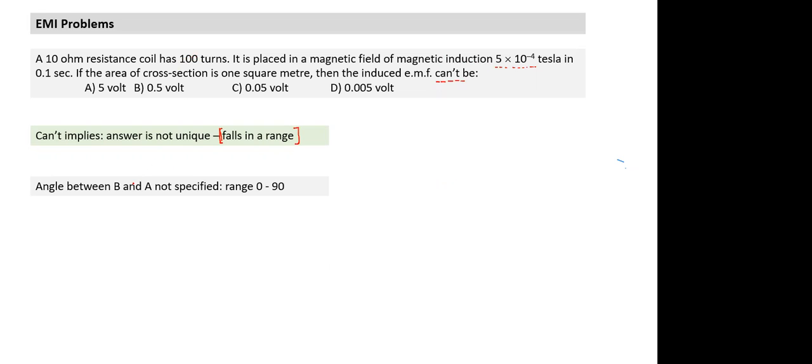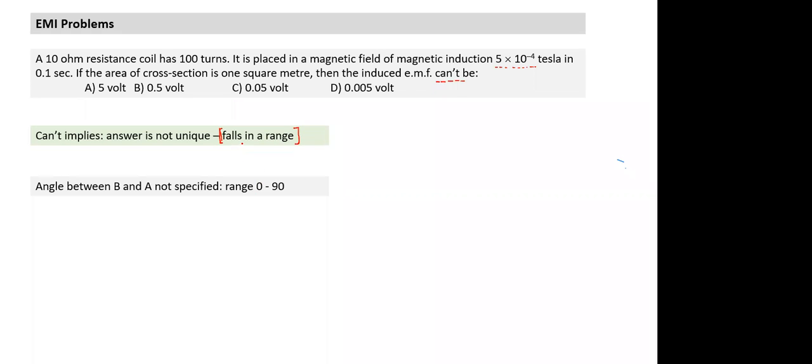So flux is equal to NBA cos theta. Since theta is not given, cos theta can range from -1 to 1. We are only concerned with magnitude, so cos theta can vary from 0 to 1. So flux also will vary from 0 to NBA, the final value of flux.